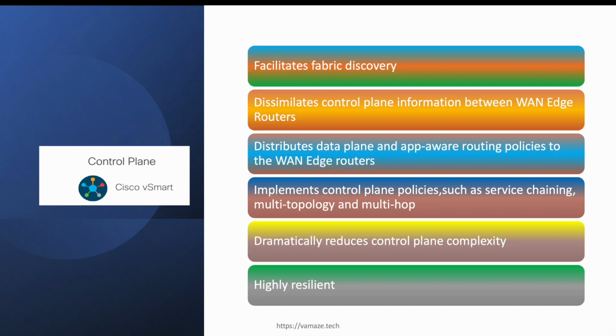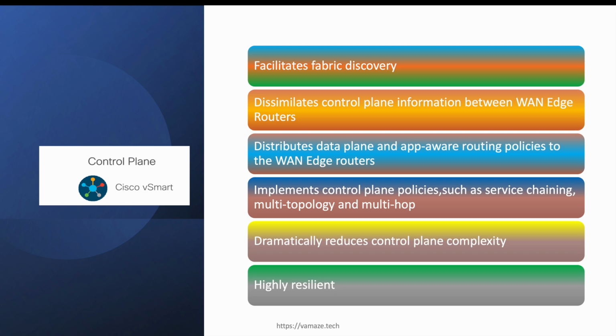Let's go through the next component in the Cisco SD-WAN solution, which is Cisco vSmart. Cisco vSmart works in the control plane. It can be considered as the brain of the Cisco SD-WAN solution. As policies are created on vManage, vSmart is the component which is responsible for enforcing these policies centrally.